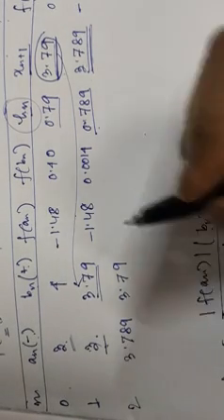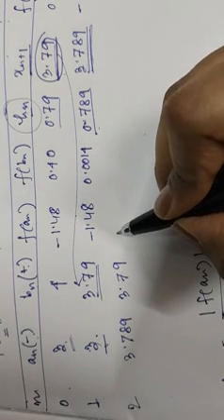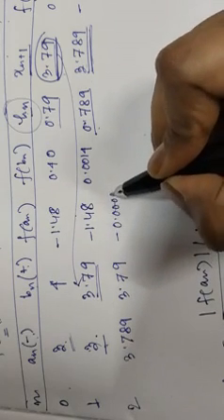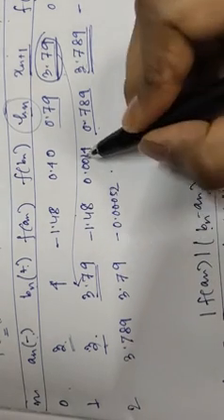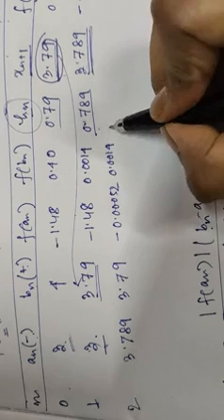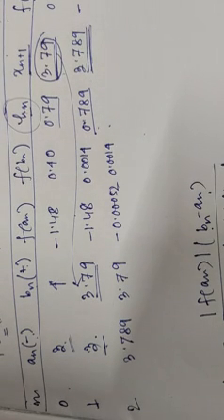Step number 2, find out the value. It will give minus 0.00052, and this value will be the same, 0.0014. Compute hn in a similar manner.